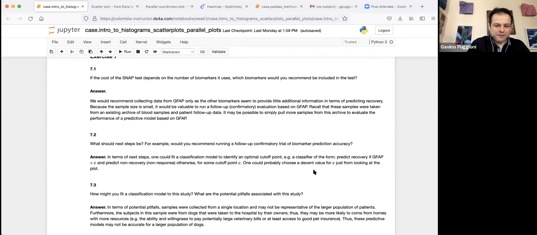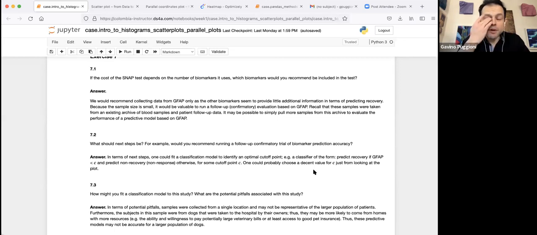All right, so potential pitfalls. We have already identified some of them. Well, another potential one is the location where they were collected. The subjects of the sample were dogs that were taken to the hospital by their owners. Thus, they may be more likely to come from homes with resources, so availability of care, food, and veterinary help to support their health and so on.